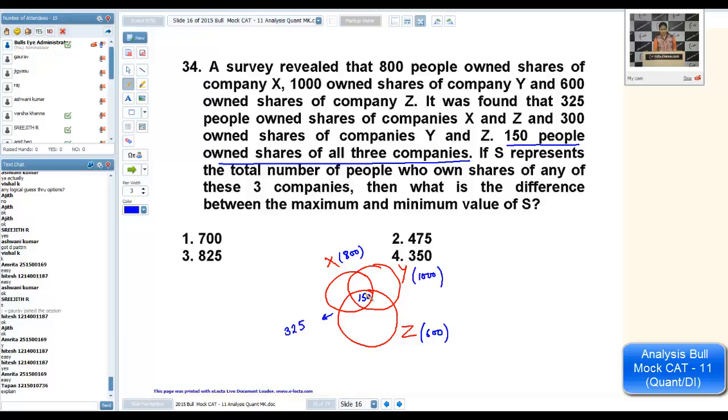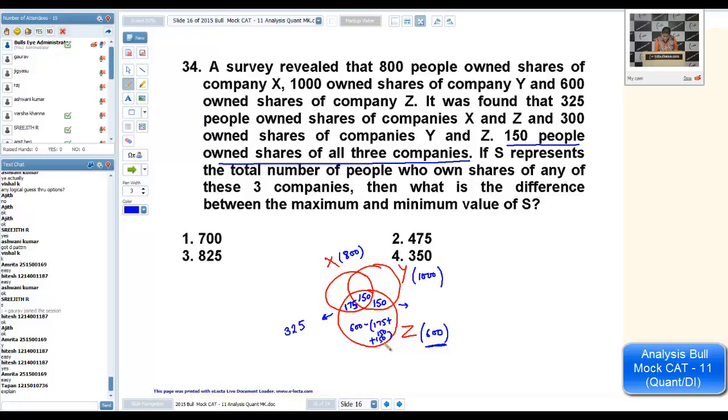That's why the remaining portion will be 325 minus 150. It comes out to be 175. One more thing we are given, 300 own share of company Y and Z. So the total should be 300 here. So I'm taking the remaining, which is 150. Now this 475 is done and the total is 600 here. So Z's remaining part will be 600 minus (175 plus 150 plus 150).